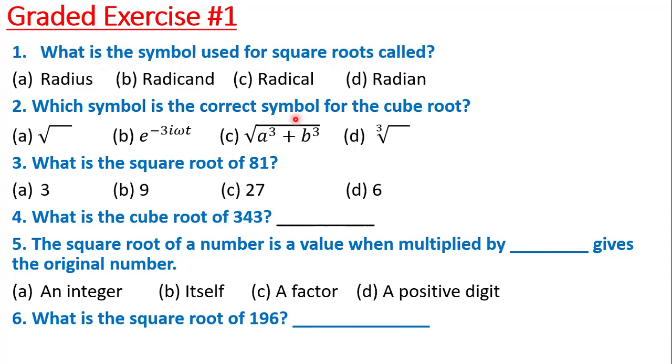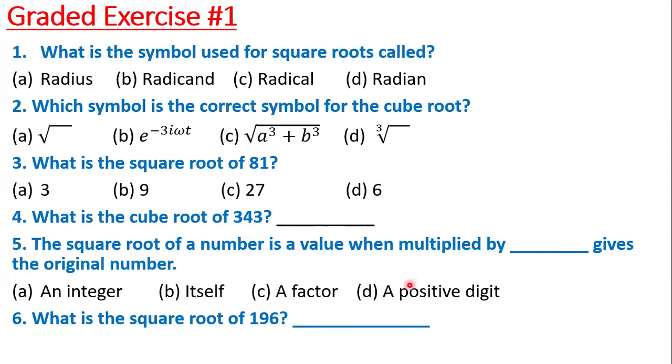Number 2, which symbol is the correct symbol for the cube root? Is it A, B, C, or D? Number 3, what is the square root of 81? Number 4, what is the cube root of 343?